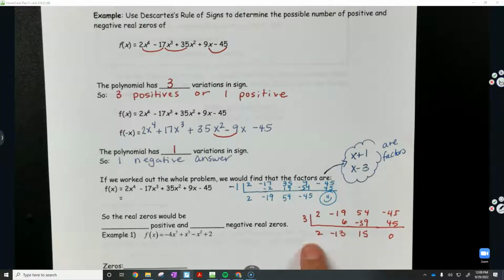What is this red a degree of? That's a quadratic. See if you can factor it. You can factor that, by the way.